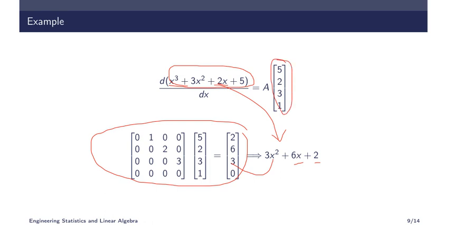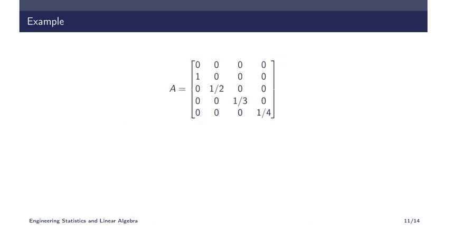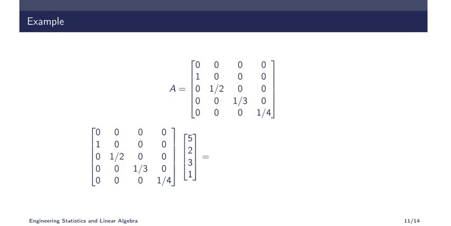So we are going to use the same here again. So A will be multiplied with the 5, 2, 3, 1. So that is x cube plus 3x square plus 2x plus 5. So if you multiply, you will get 0 into everything becomes 0, and 1 into 5 becomes 5, and everything else is 0.